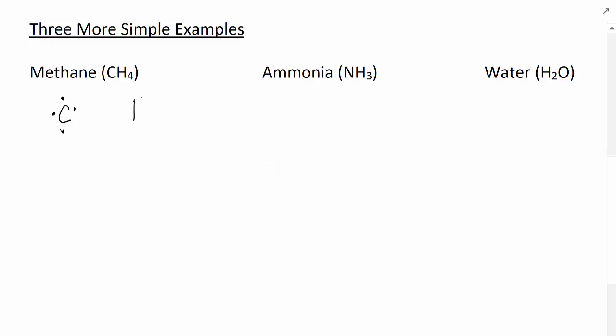And every hydrogen is going to look like this, with 1 electron around it. The only way to make this all fit together is if each electron made a bond with one of the 4 hydrogens.